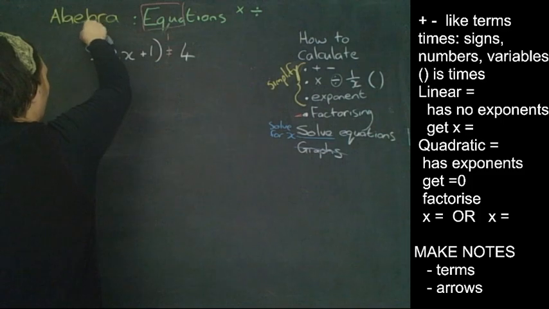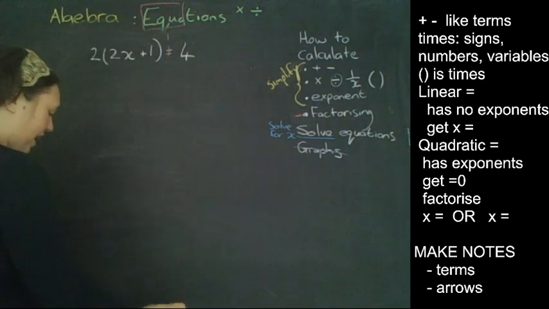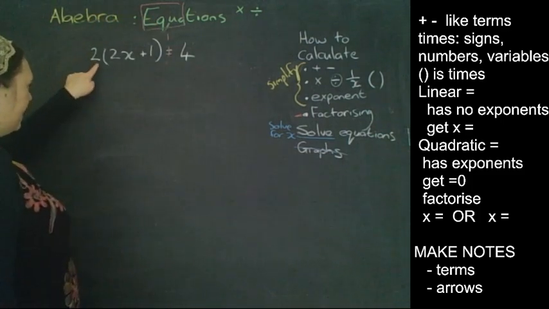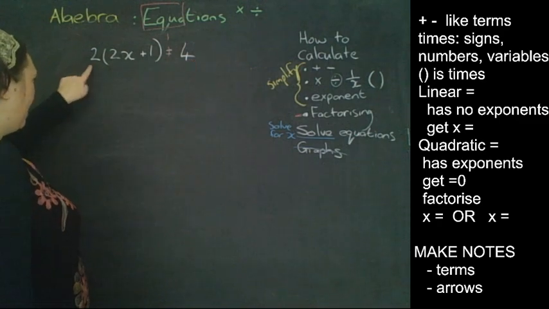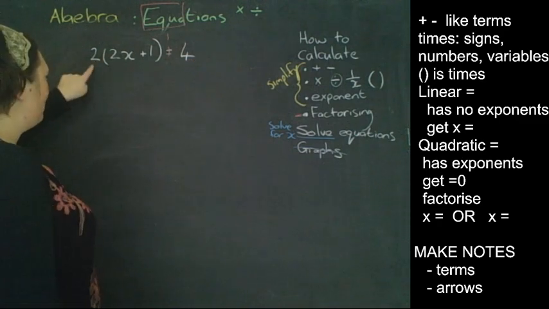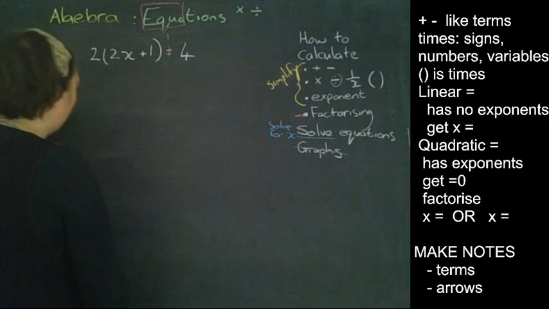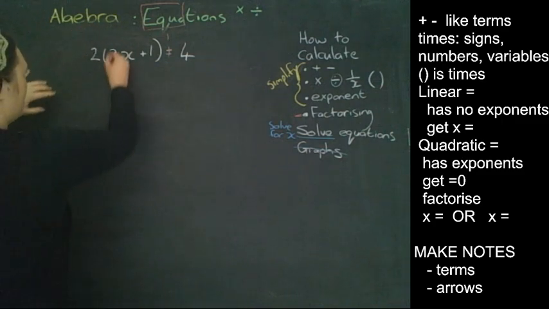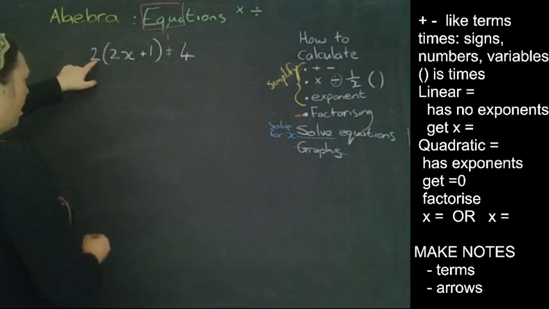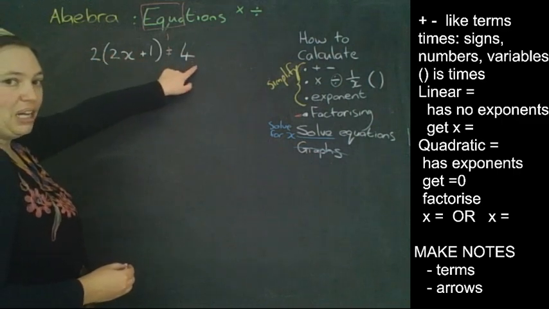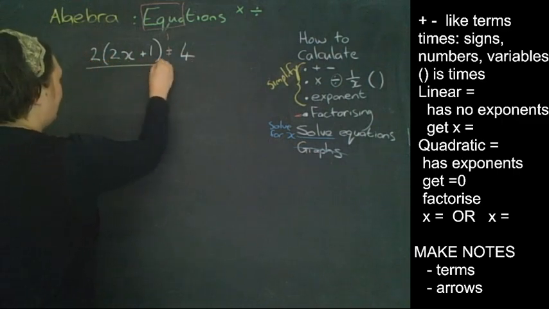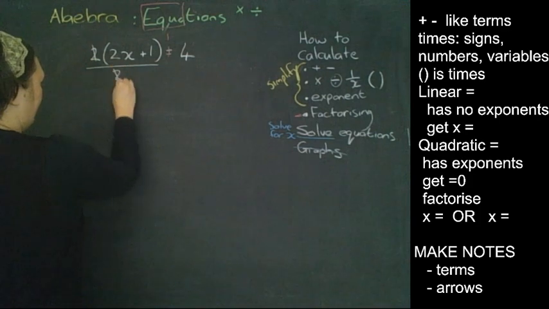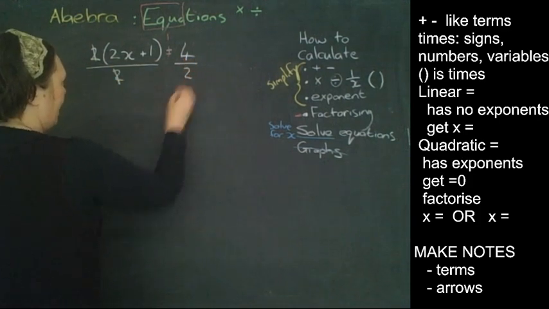Okay, so we only do this if we can recognize that there's only one thing here, and whatever's on this side can divide by this 2. Because remember, brackets means times. The opposite of times by 2 is divide by 2. So I can divide this 2 away here and on the other side.